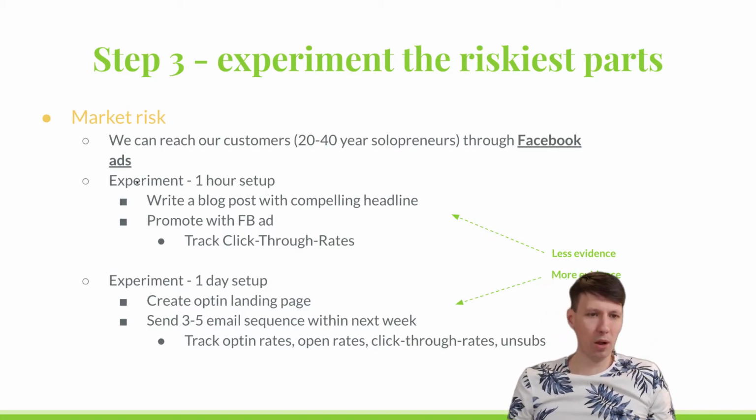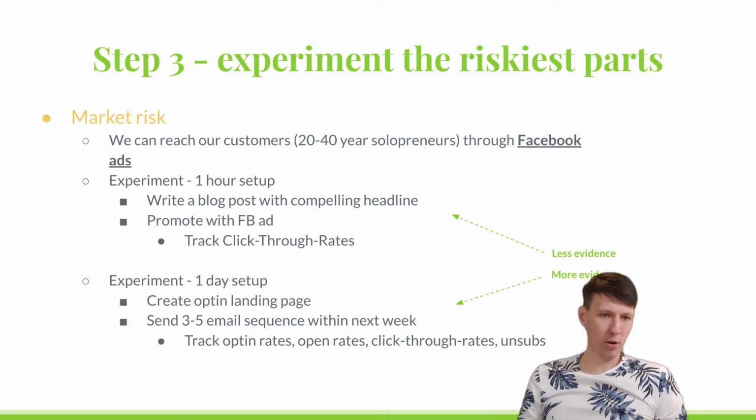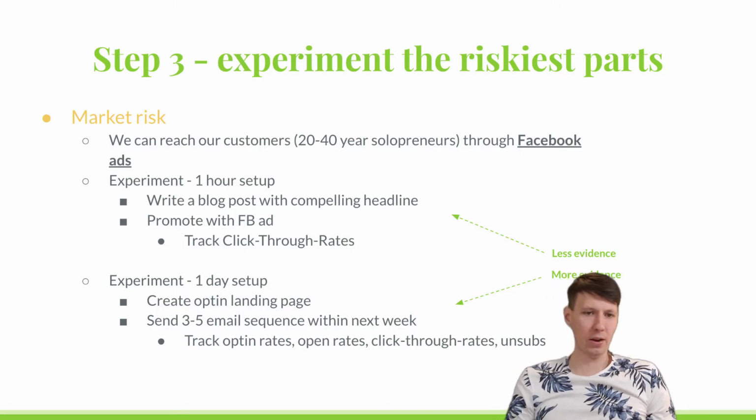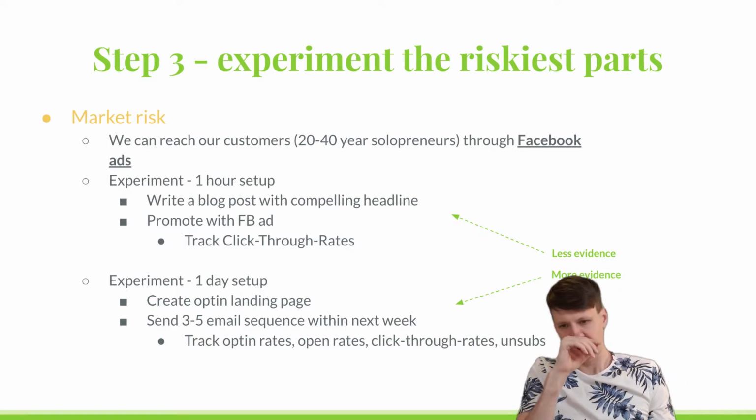For example, write a blog post with a compelling headline that talks to this group, then run ads on the blog post, and you can track click-through rates. The setup takes about 1 hour. If you write the blog post in 40 minutes, then you have 20 minutes to set up one ad and start to feel whether there is any resonance.